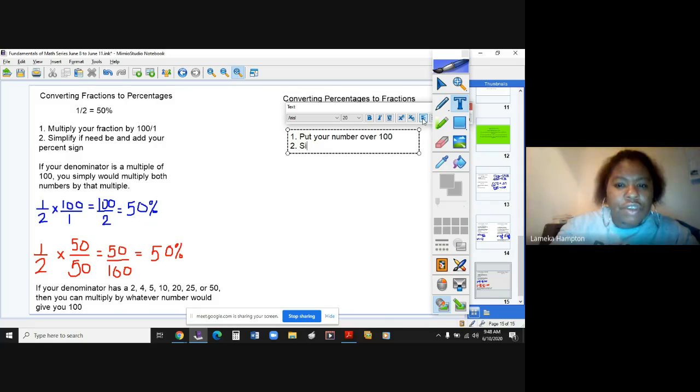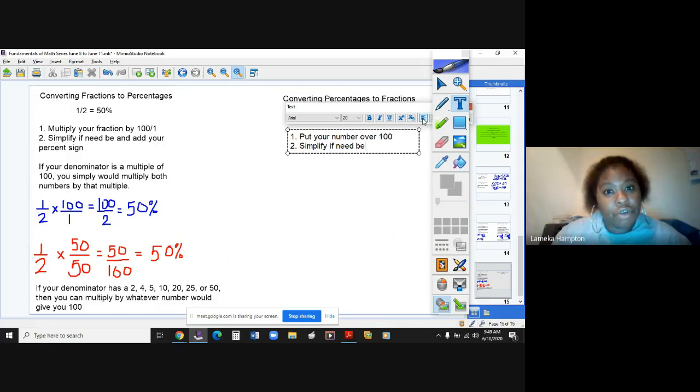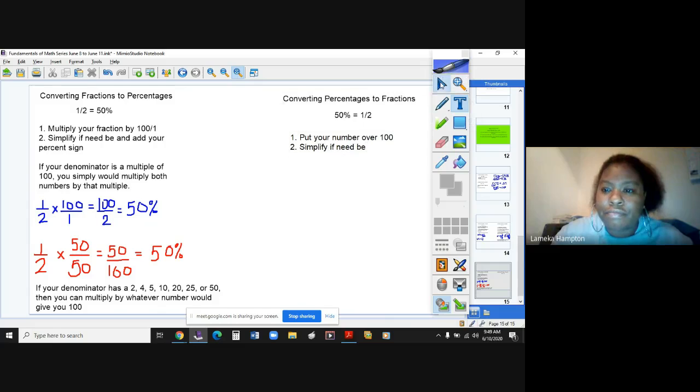Step 2, simplify. That's it. Simplify if need be. Remember, with fractions, you always want to make sure that you simplify. You never want to leave a fraction unsimplified. We frown upon that in the math community.